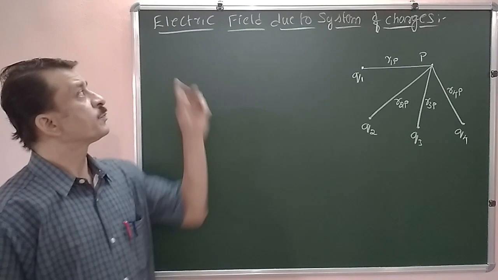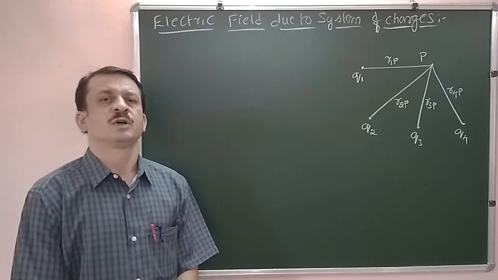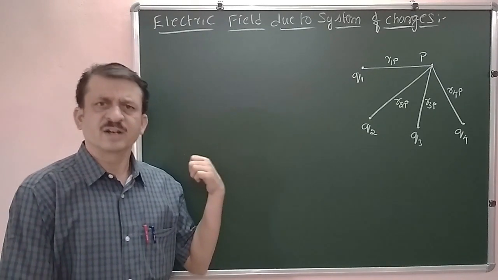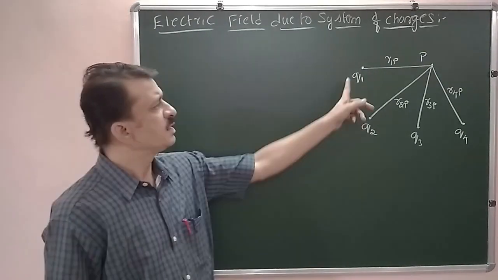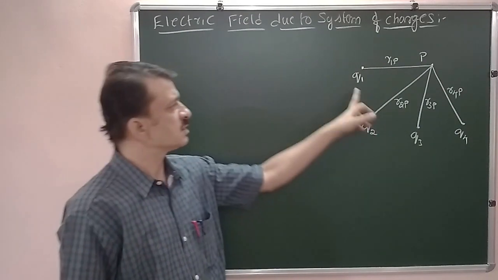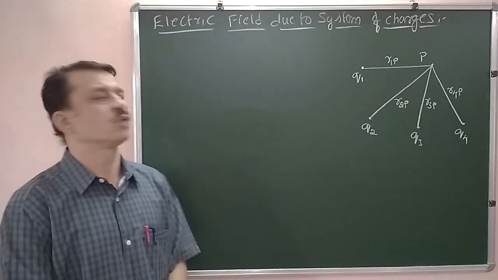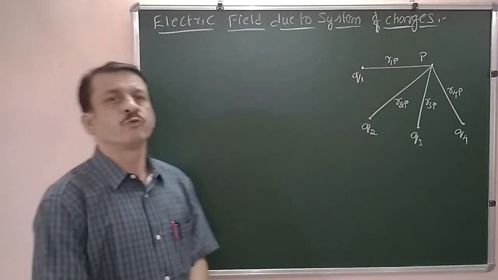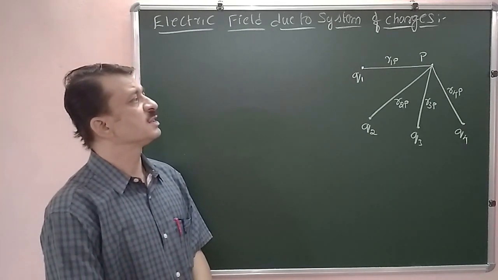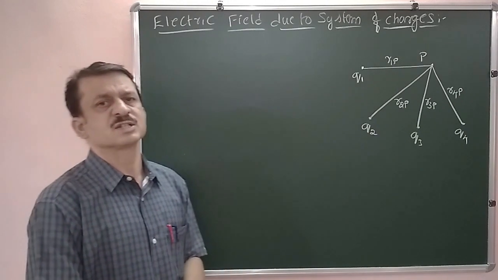Now we will study electric field due to a system of charges. Earlier we calculated electric field due to a single charge. Now we are considering a system of 4 charges, Q1, Q2, Q3 and Q4. At some point P, we are going to calculate the electric field due to all the 4 charges.